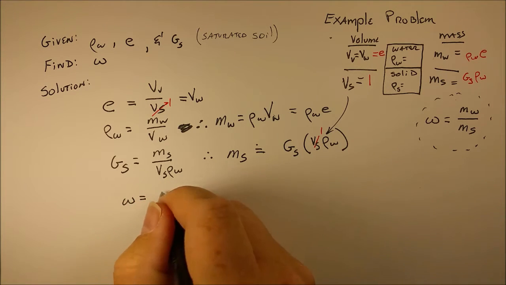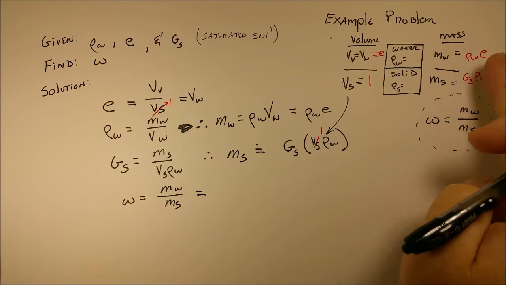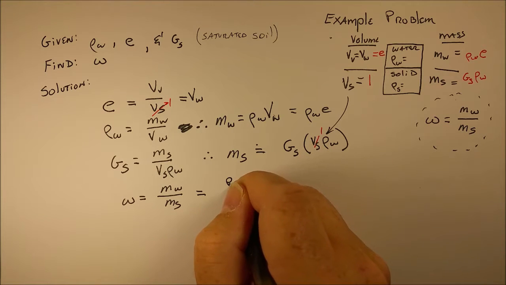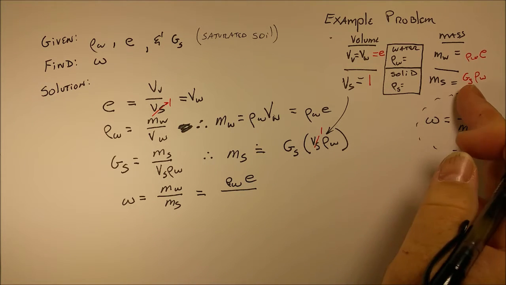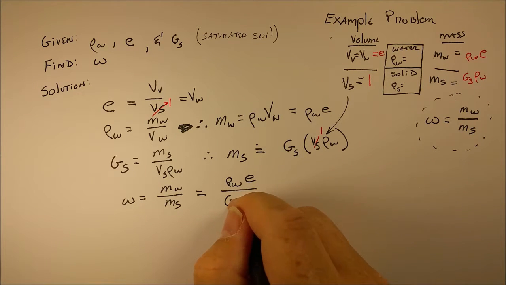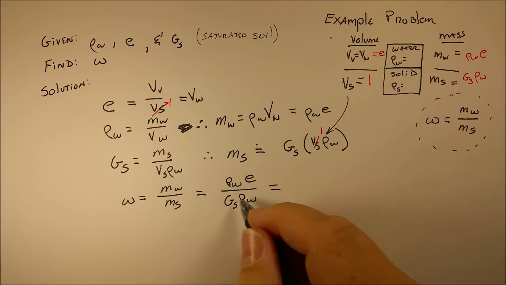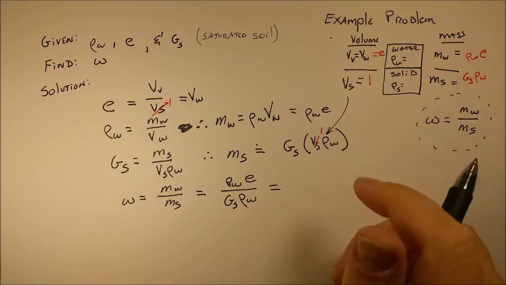So W is equal to the mass of water over the mass of solids, which in this case is equal to your density of water times your void ratio, there it is, divided by your specific gravity times the rho of water. We'll talk about bulk density in a minute.